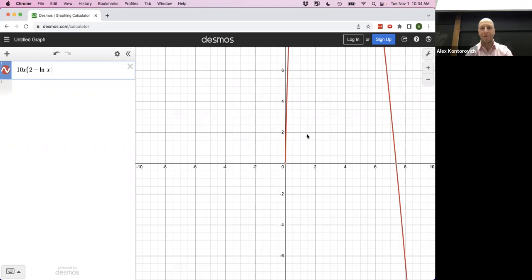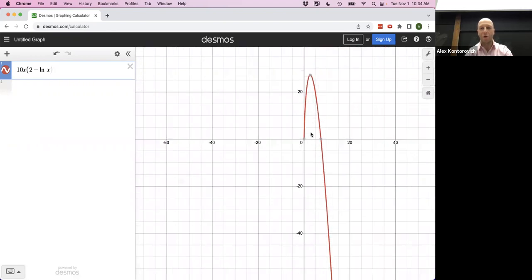Okay, and I have to zoom out a little bit. So remember, we're not thinking about it in the whole domain. We only want the values from 1. I don't know how to restrict the range, but anyway, at 1, it is right here at 20. So here's 1 comma 20, and then it goes up, and then it comes down, and then it hits 0 at, I guess e squared is 7.3.